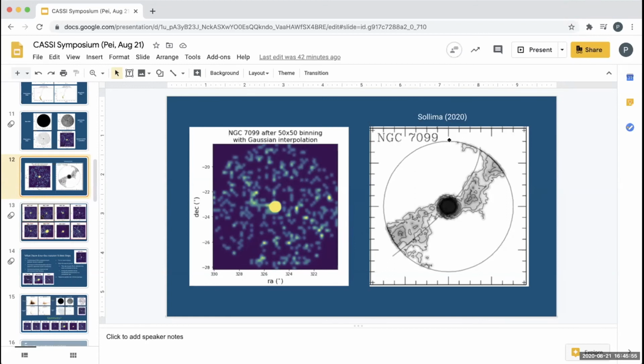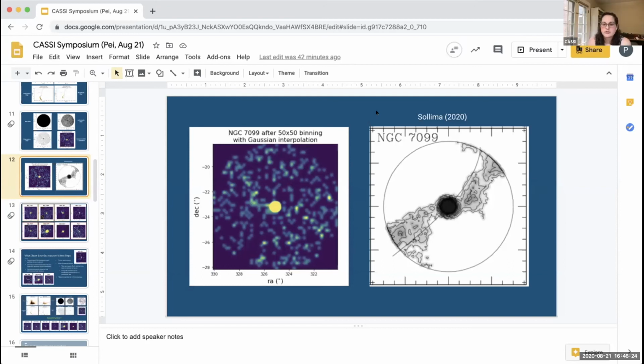In Solomon's paper, you can see that this is the orbit and this is the direction to the galactic center. It didn't plot the proper motion. I actually made some plots with proper motion on it, but I think I made some mistakes, and I was talking to Josh about this yesterday. So it's in the next step, but it wasn't ready, so I didn't show it in my presentation. But that's a great suggestion. Thank you.